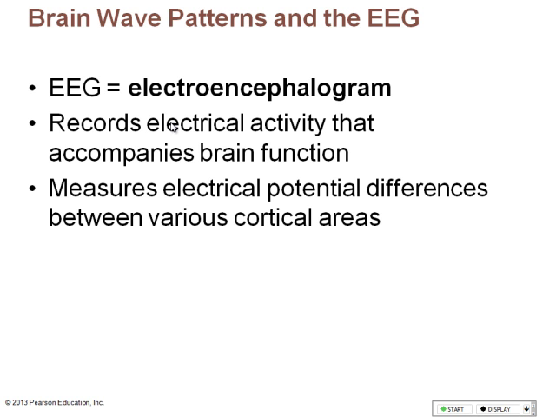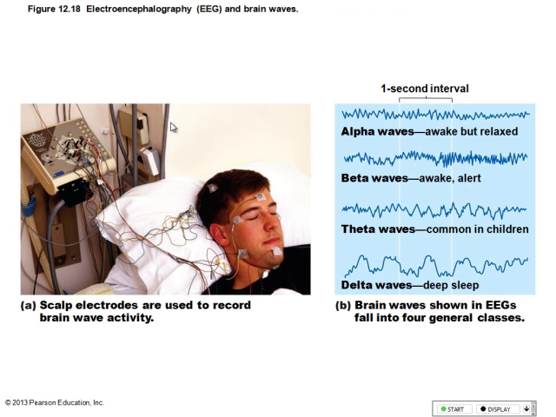And that's actually what is being recorded in an EEG. So we can measure some of the different electrical potentials going on in various areas to find out whether we have normal electrical events occurring or if we have abnormal electrical events occurring.